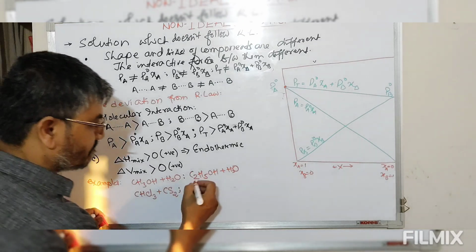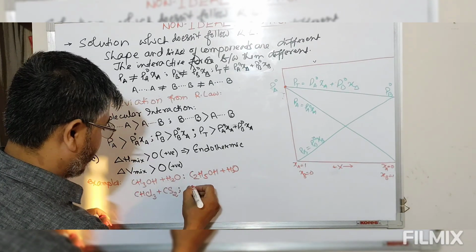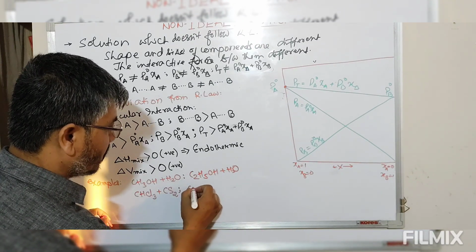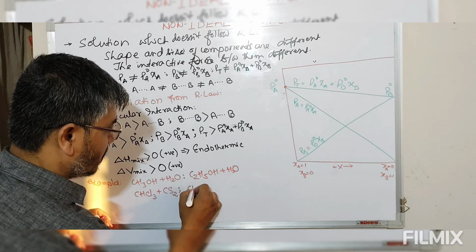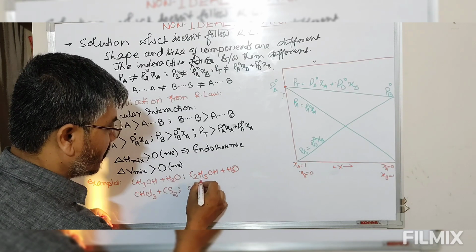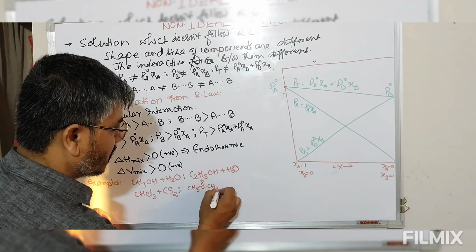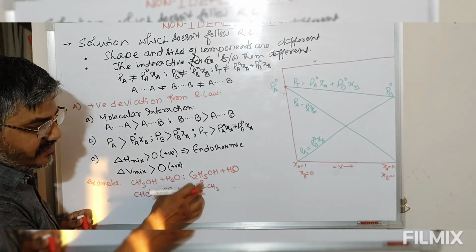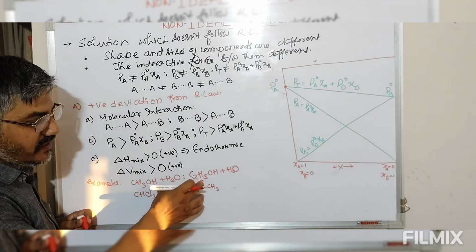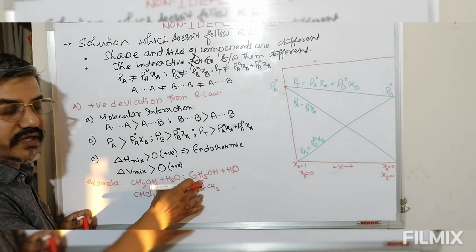Similarly, we can have a look at this acetone, that is CH3 C double bond O CH3. This is acetone. Again now look at, because of electronegativity difference there is polarity. So interactive force is dipole dipole.